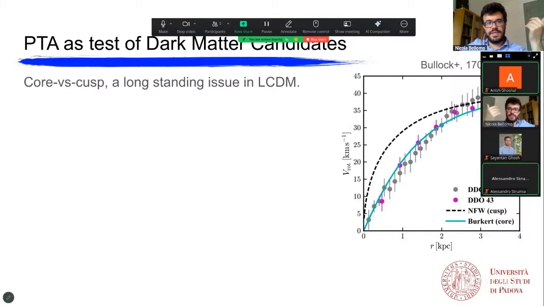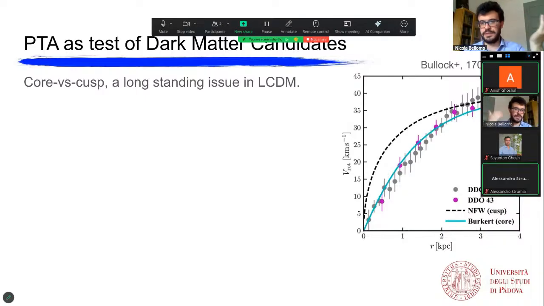One of them is the core versus cusp problem, which is the observation of structures that appear to have a dark matter profile that is not compatible with the Navarro-Frenk-White profile, typical of cold dark matter particles.